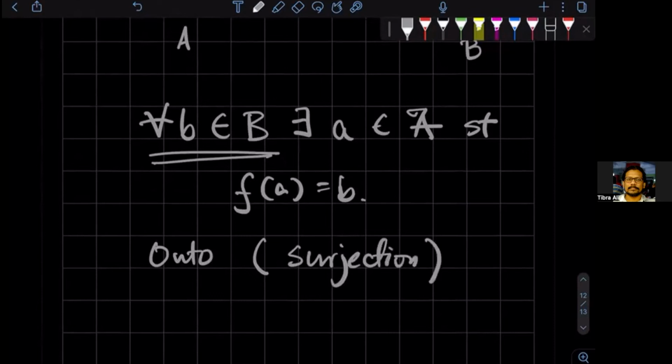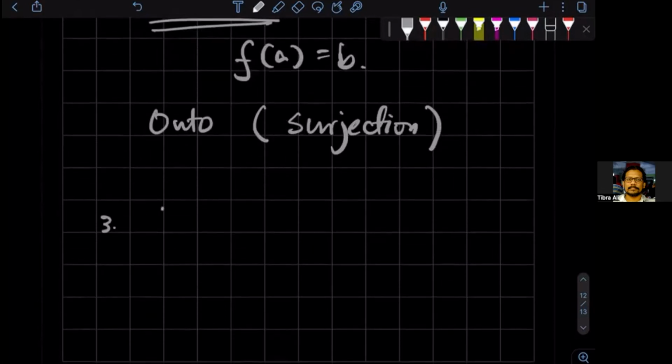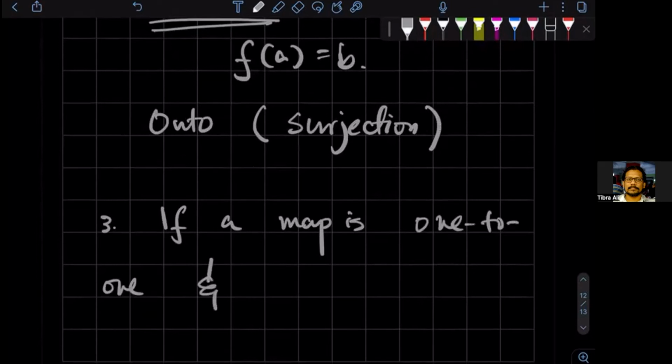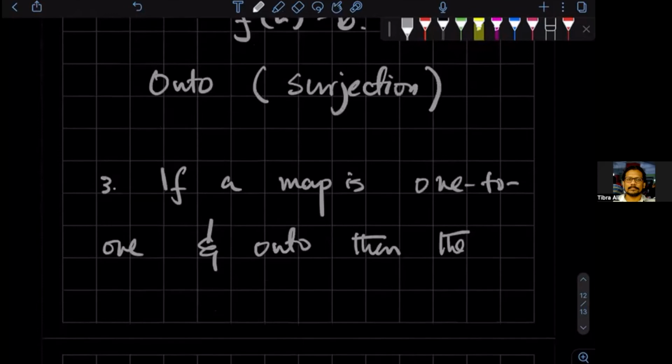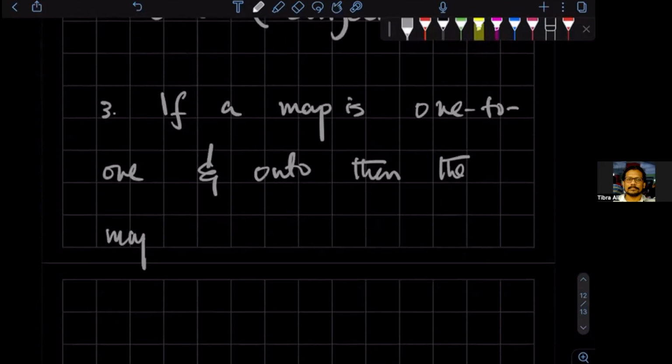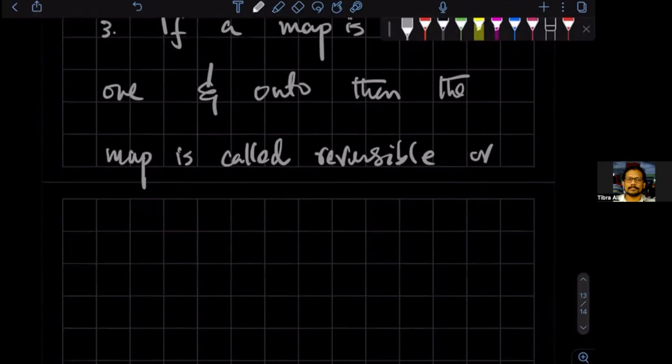And number 3 is that if a map is one-to-one and onto, then the map is called a reversible map or a bijection.